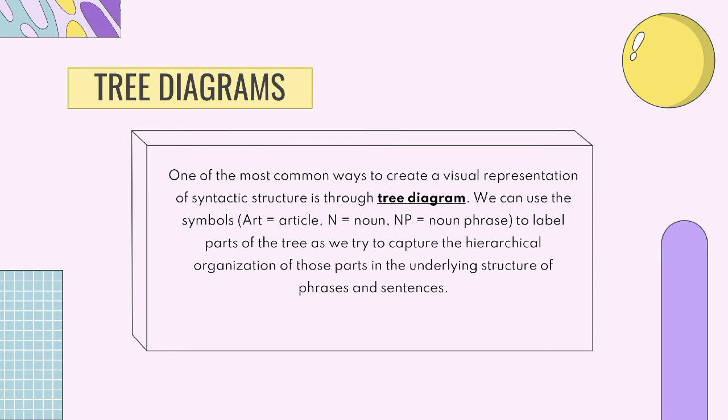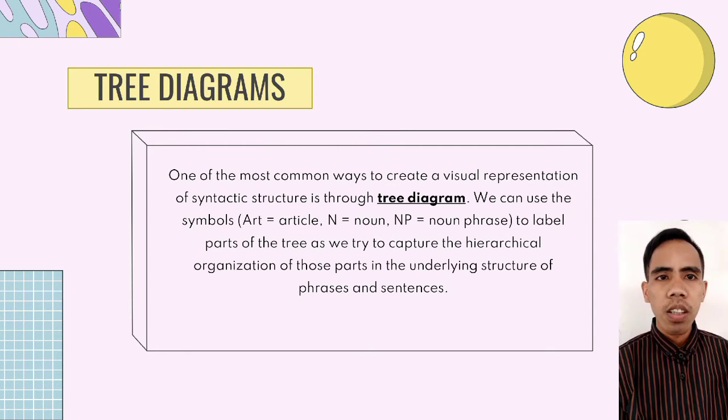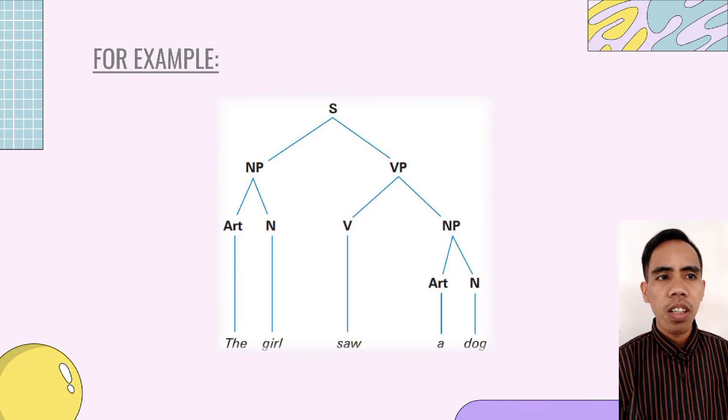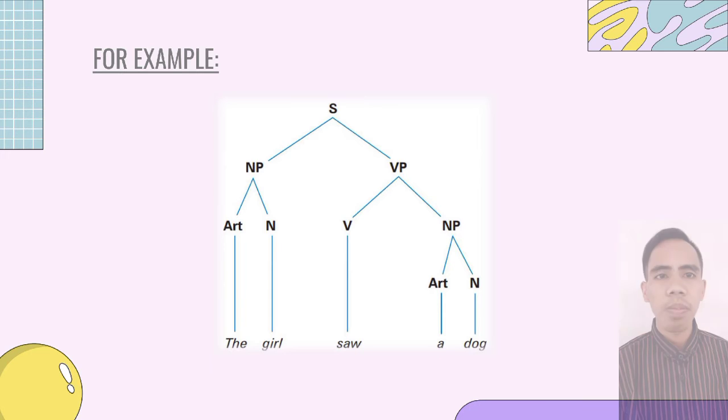The next topic is the tree diagram. One of the most common ways to create a visual representation of syntactic structures is through tree diagrams. We can use the symbols known as labels to label parts of the tree as we capture the hierarchical organization of those parts in the underlying structure of a sentence.